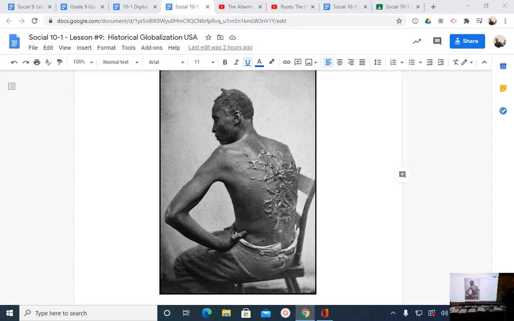So they needed labor, and some indigenous workers were available, but many resisted, or others had died from the introduction of disease. So the new colonies in the Americas needed workers to continue their production of cotton and rum and tobacco. So the cotton, rum, and tobacco would be sent from the Americas to Europe, where they'd be put into more finished goods like clothing or rum to drink.